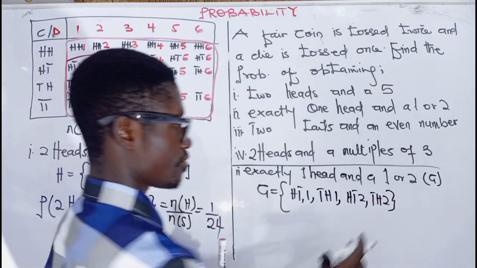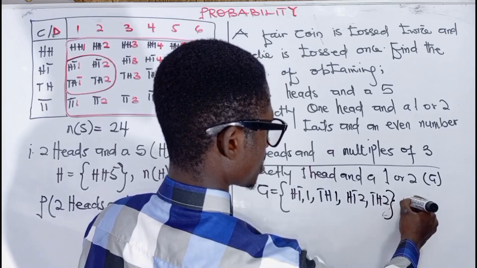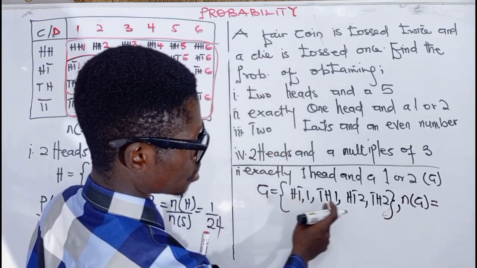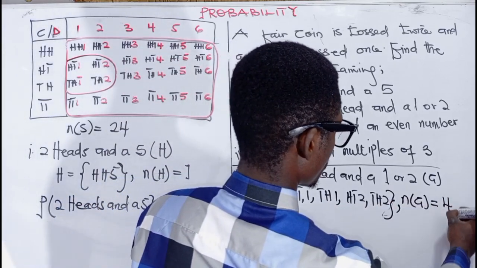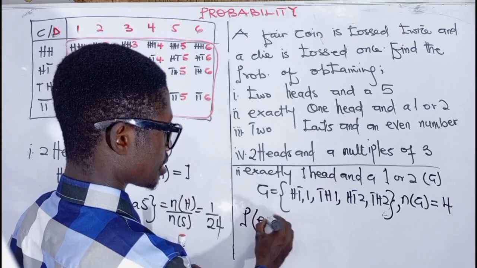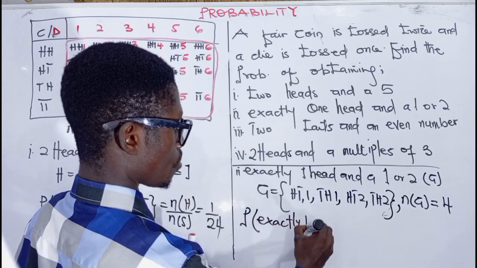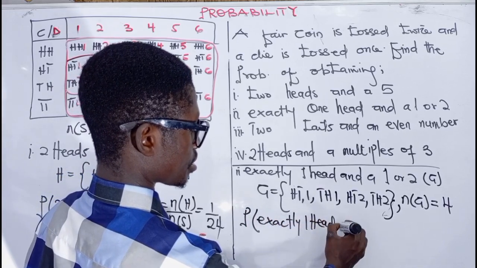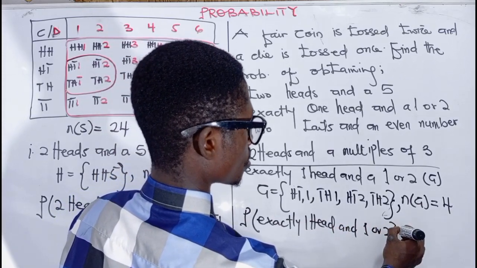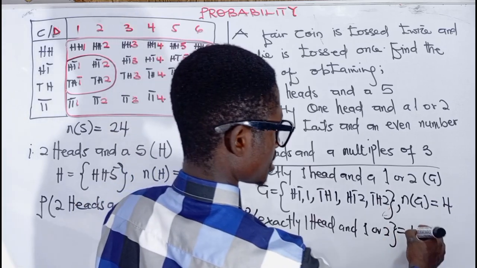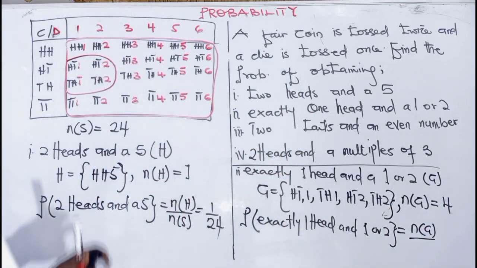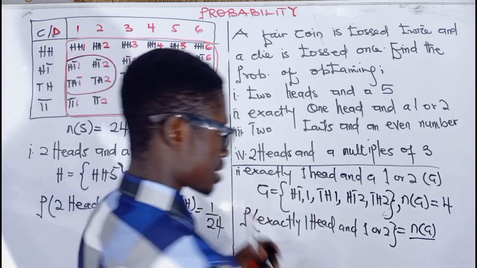Once we are done with this, we find the number of outcomes in this event, and that is 1, 2, 3, 4. So we have 4. So the probability of obtaining exactly 1 head and 1 or 2 is equal to the number of outcomes in that event all over the total outcomes in the sample space.